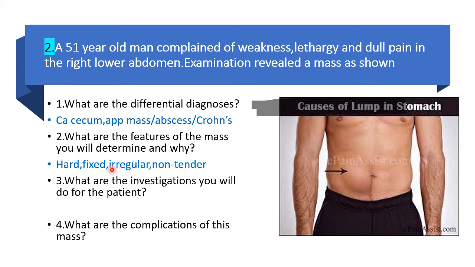These are features which, if present, are highly suggestive of carcinoma of the cecum. What are the investigations you will do for the patient? A colonoscopy and a contrast enhanced CT scan. What are the complications of the mass? Obstruction, bleeding, and metastasis.